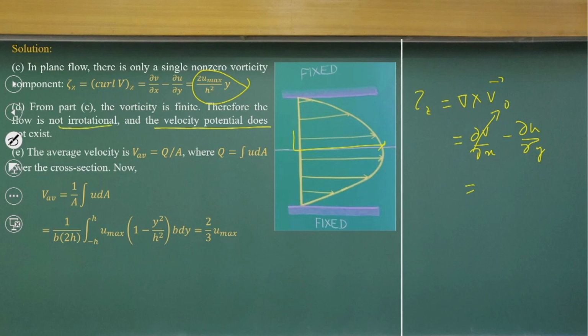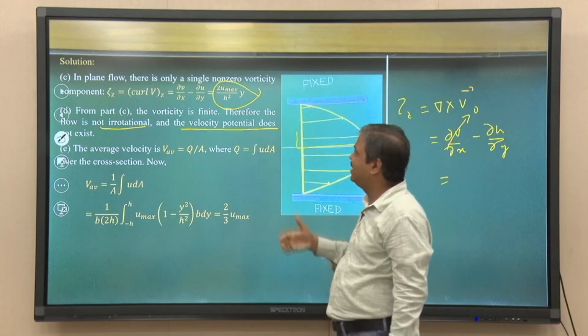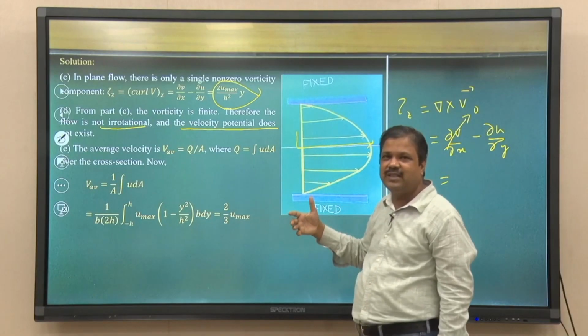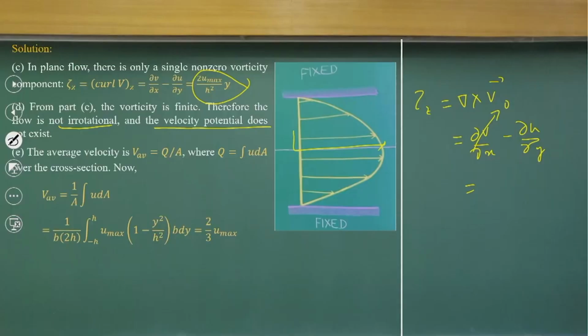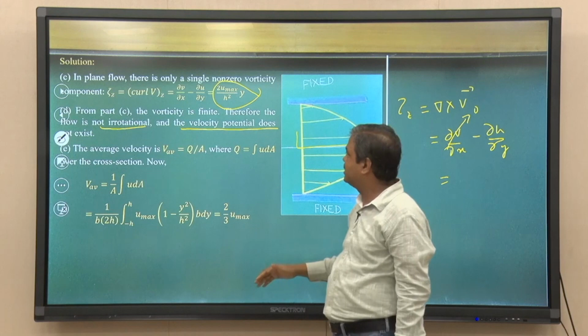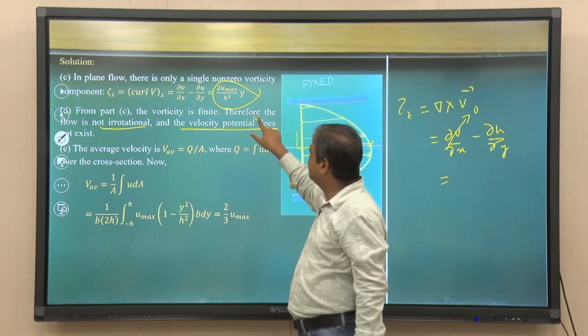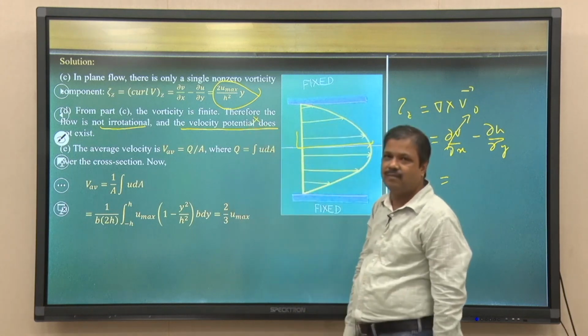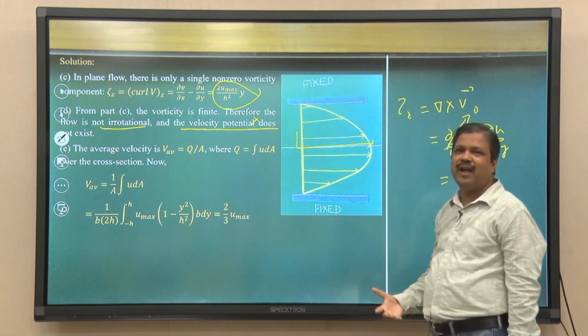That is the comprehensive idea in fluid mechanics. You have to understand it. We have to estimate the vorticity. If the vorticity vector were 0, we could compute the velocity potential function, but in this case we cannot, because the flow is not irrotational. Then you have to compute the average velocity.